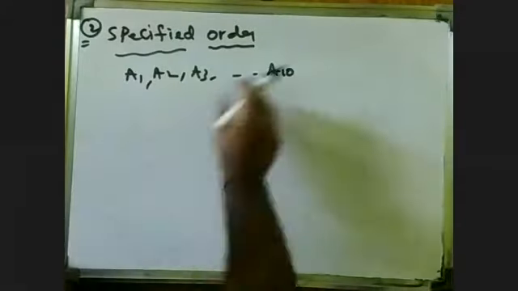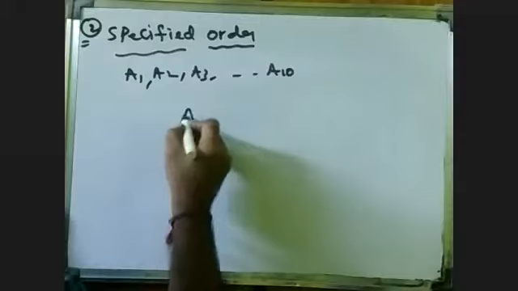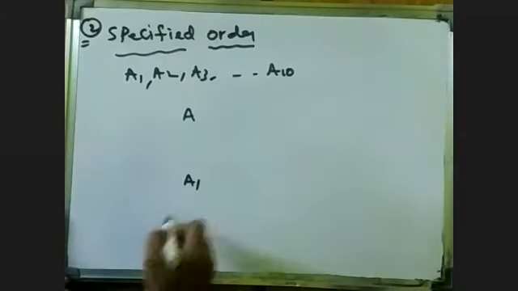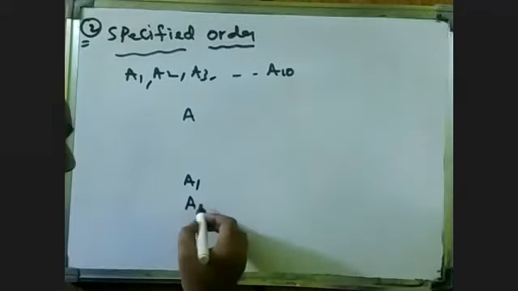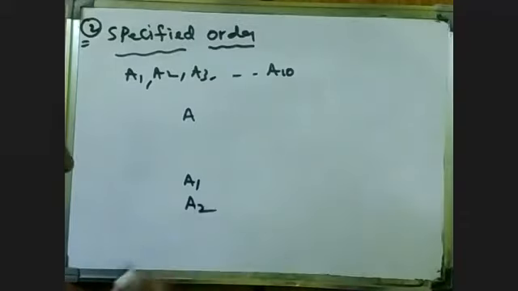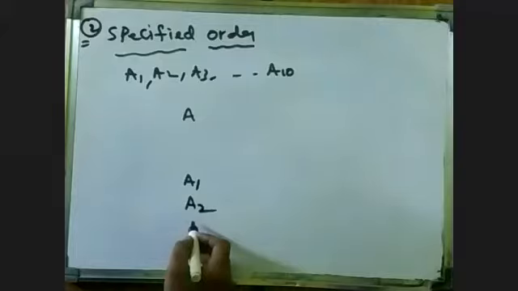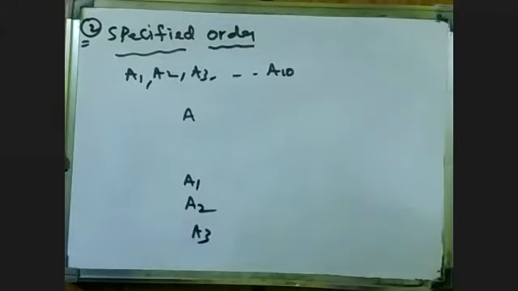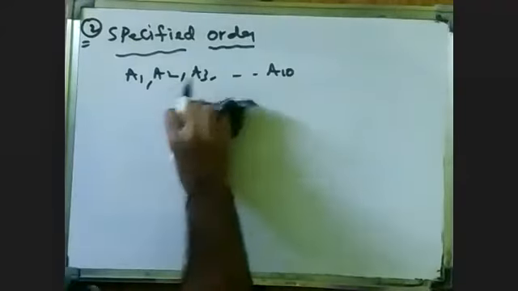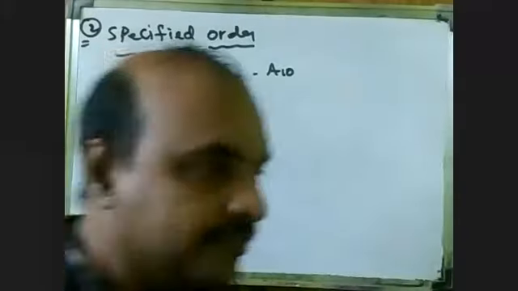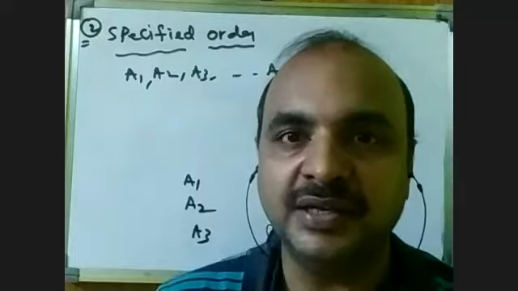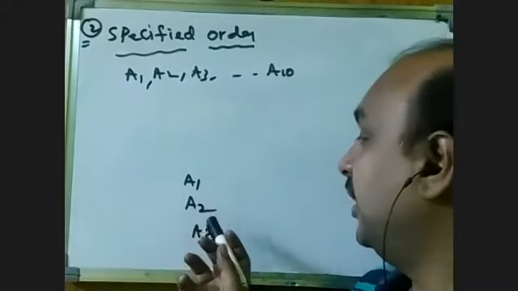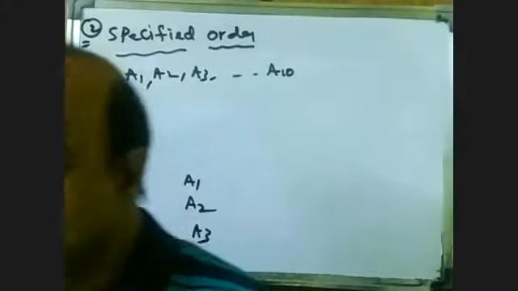The results of 10 students we got, so that the rank of A1 is always above A2 and the rank of A2 is always above A3. Try to understand the meaning. I want to arrange these 10 students in such a way that the rank of A1 is always above A2.